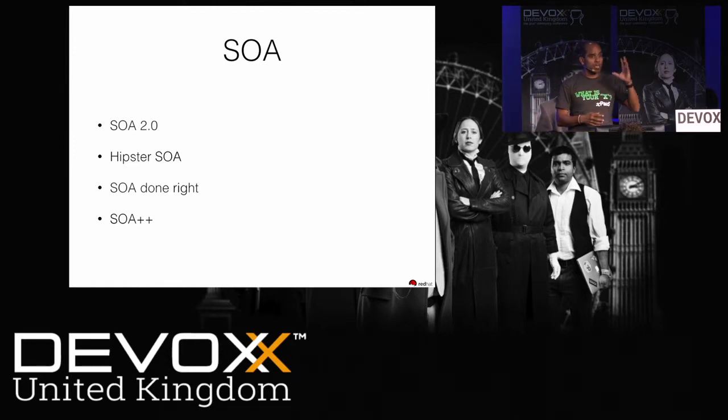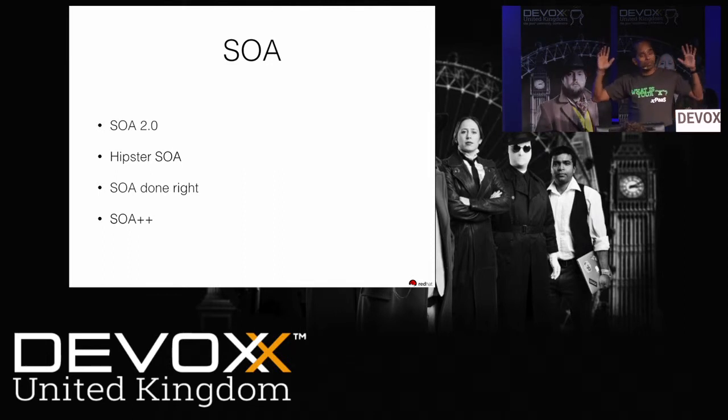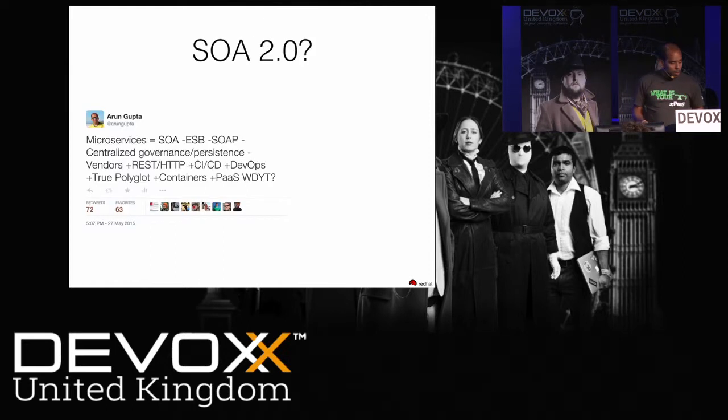Centralized persistence, centralized governance. So there are issues around SOA and the ESBs. But effectively, it really captures the essence of SOA pretty well. Some call it hipster SOA, or SOA done right. So I kind of agree with most of those terms. Here's a tweet that I did about a couple of weeks ago on what I see microservices as and how it is different from SOA.